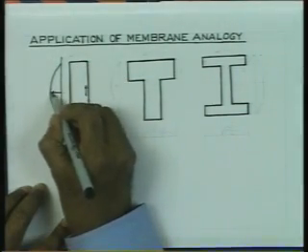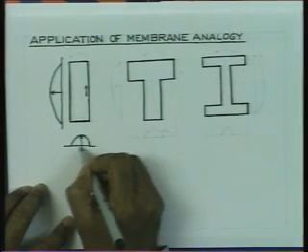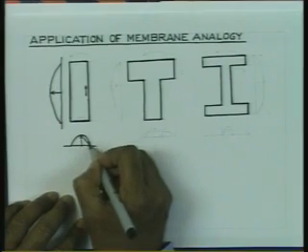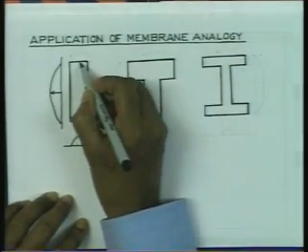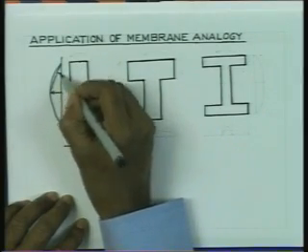So, the height here and here is the same, and since this distance is small, we are going to have higher slope. This slope is higher, and therefore the stress is going to be higher at this point than this point where the slope is given by this angle.